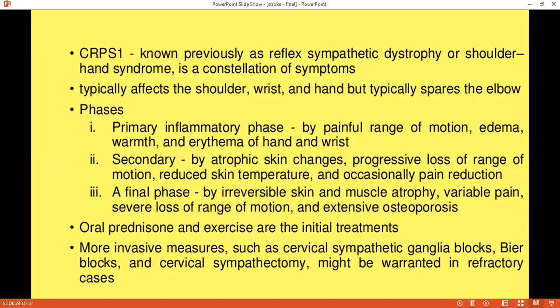So prednisone and exercise will help to reduce the pain, especially in hemiplegic shoulder pain conditions. More invasive methods such as cervical sympathetic ganglion block, Bier blocks, and cervical sympathectomy might be warranted in refractory cases.